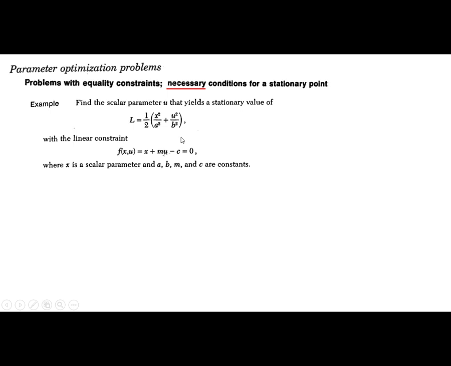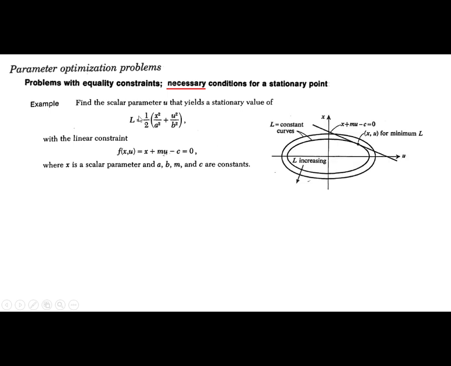As illustrated by the figure, the function L is an ellipse with increasing size, whereas the function f is a fixed straight line. It is obvious that the minimum value of L satisfying the given constraint f is obtained when the ellipse is just tangent to the straight line given by the constraint.